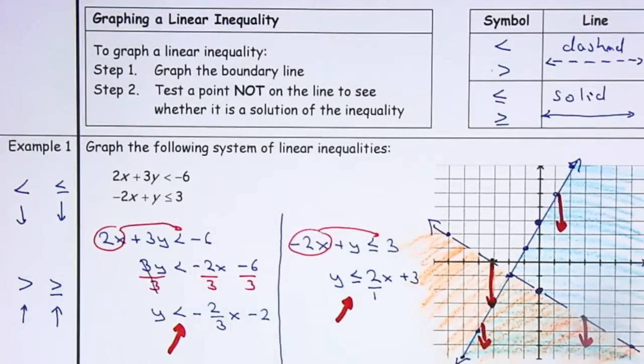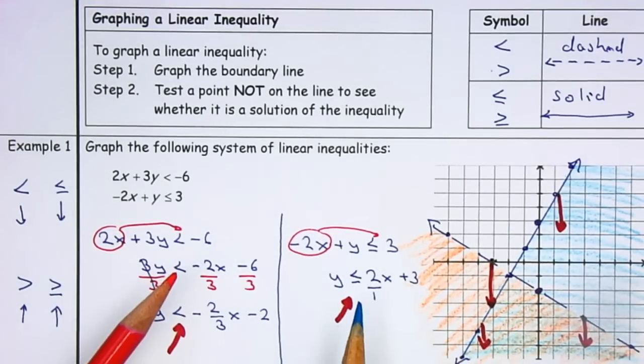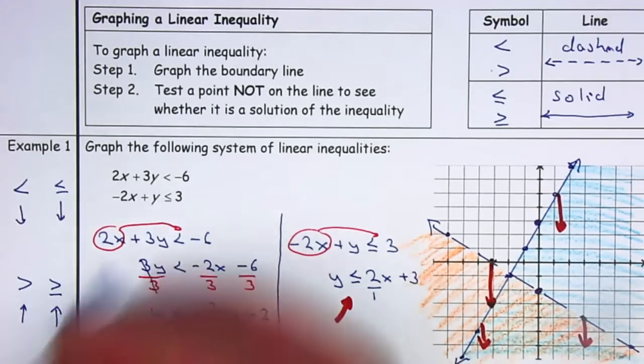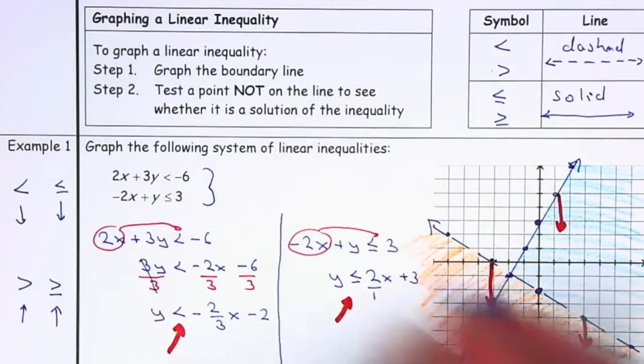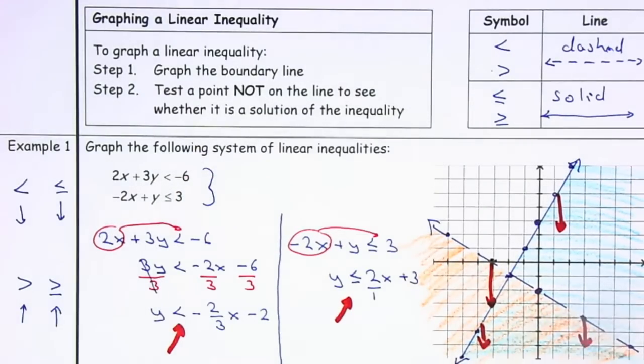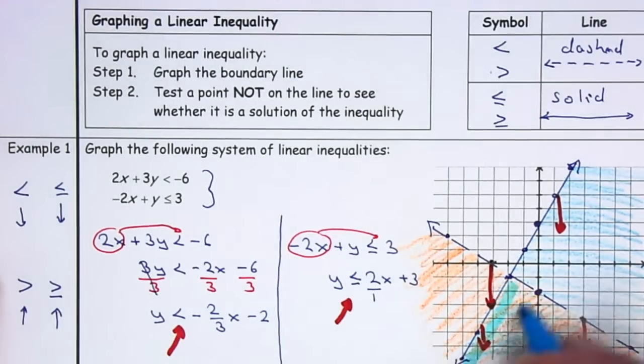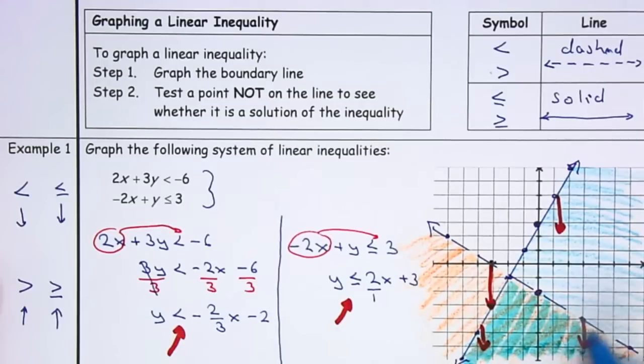So in orange are the solutions for the first inequality. In blue are the solutions for the second inequality. The solutions for the system, for both of them, are where they intersect. So these are the solutions for the system.